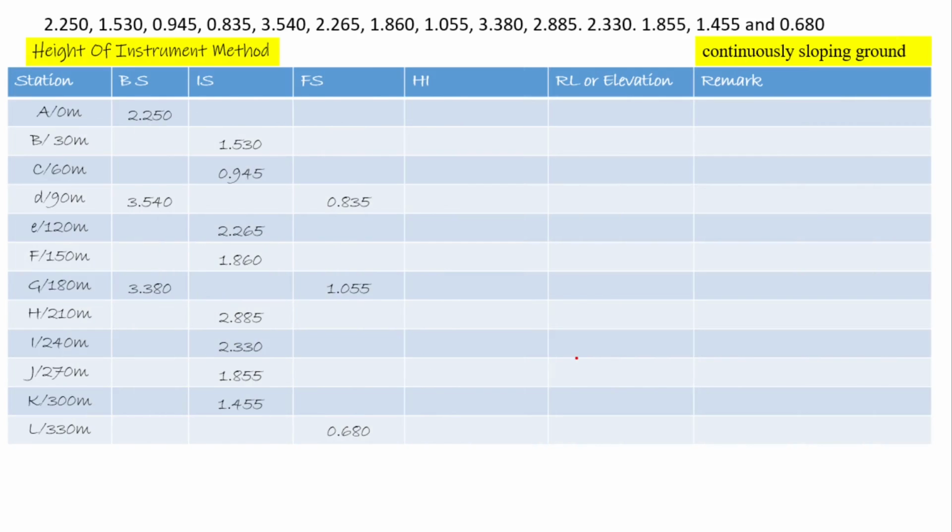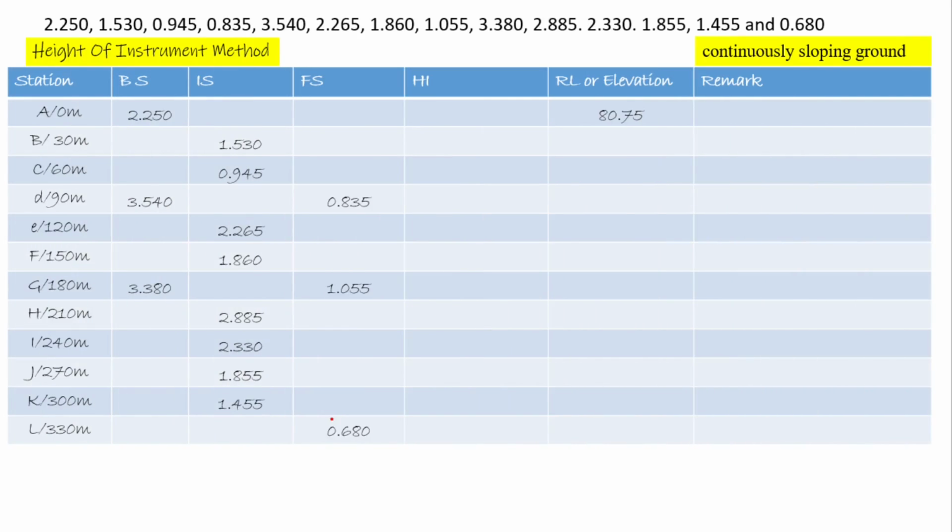The first change point is here, the second change point will be here. So this is your first reading, these are your second set of readings, and this is your third set of readings.